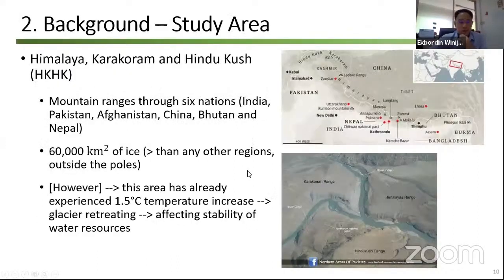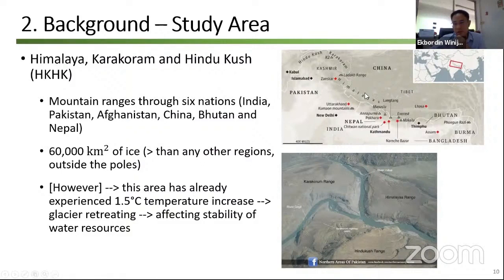Okay, first about the background of the study. The study area is the Himalayan glacier. This covers the area of Himalaya, Karakoram, and Hindu Kush, which I will refer to as HKHK in this presentation, the mountain range that passes through six nations: India, Pakistan, Afghanistan, China, Bhutan, and Nepal.